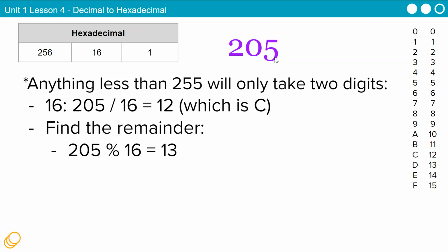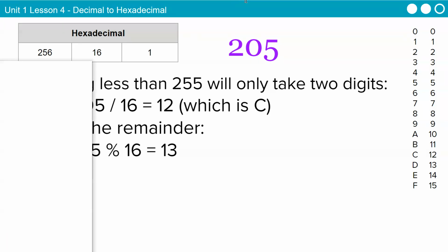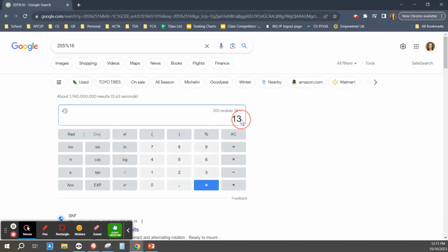I haven't been able to look on the TI-85 calculator enough to see if it's a function on there. I'm sure it is. I just don't know how to get it. But I'm going to do 205 mod 16, and it is going to tell me that the result is 13.